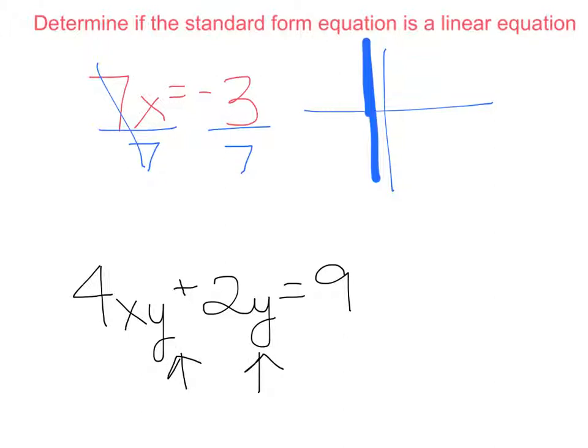And we're not able to combine them because one of them is an xy. So you have your constant and you have your x and y on the same side, but there's an extra variable that's not able to be accounted for. So this one would not be a linear equation.